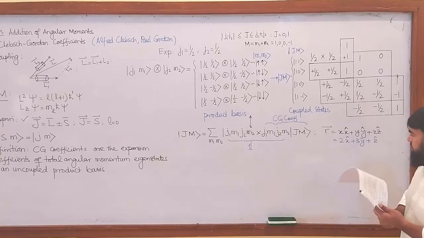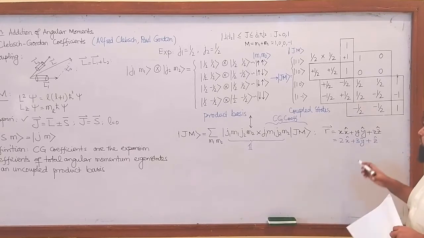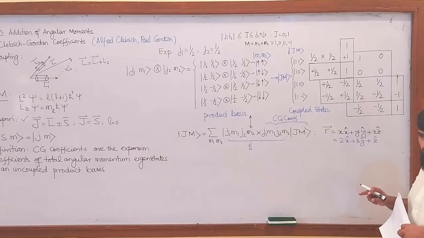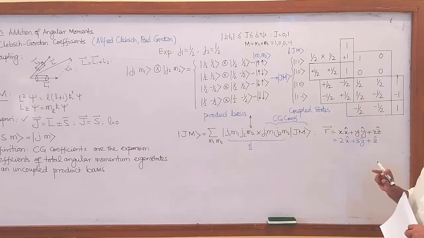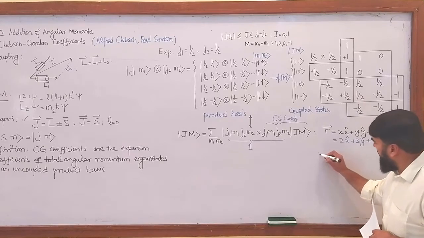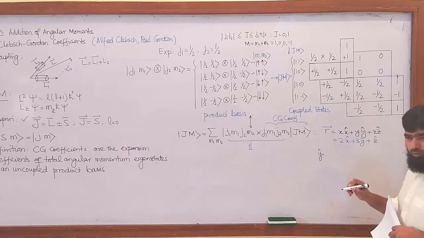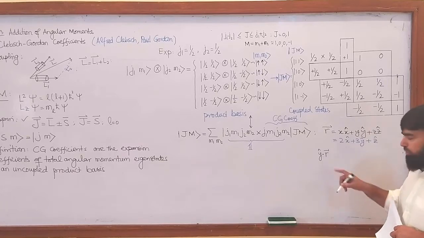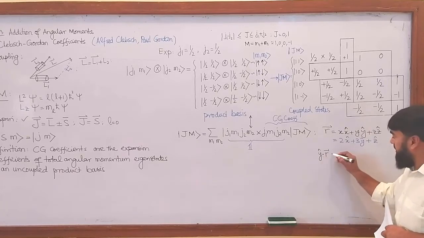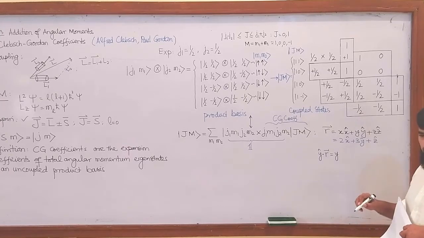If I want to take only one coefficient out of it, for example the y coefficient, what I will do is make a dot product, which I call the inner product as well, with the coupled vector. Then this will give me the y coefficient.